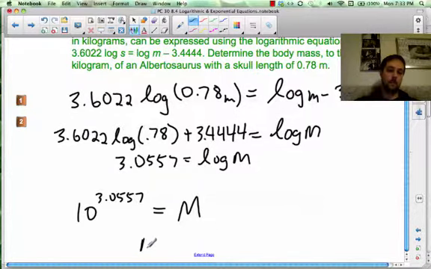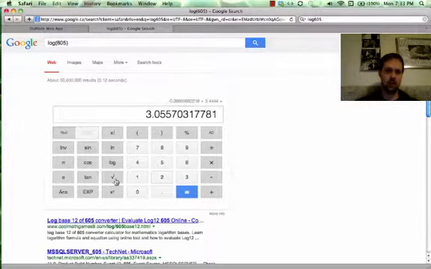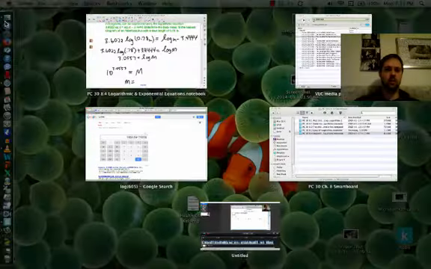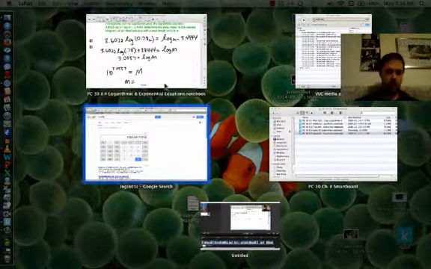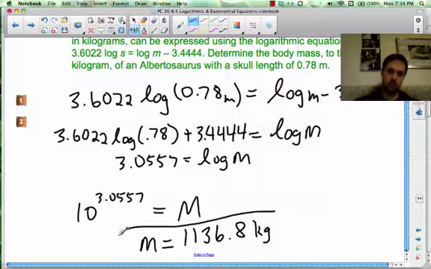So the mass of the dinosaur then is given by 10 to the 3.0557, and we go to our trusty calculator for that. 10 to the power of 3.0557. Thank you, Google. 1136.8 kilograms. All right, there you go.